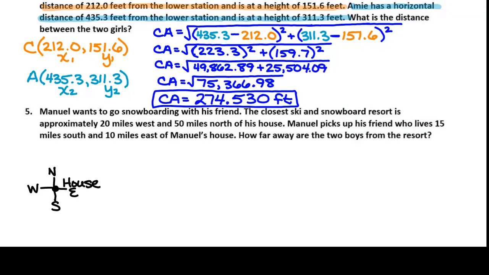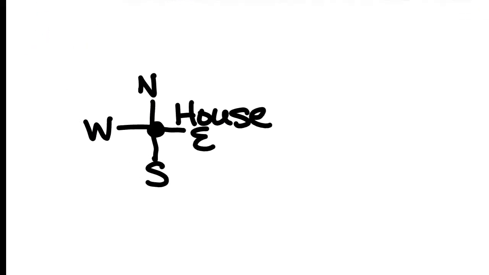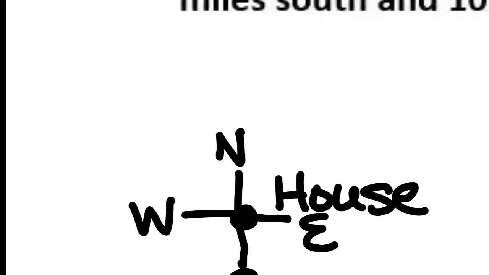Says the closest ski and snowboard resort is approximately 20 miles west and 50 miles north of his house. So if this is his house, 20 miles west would be this way, and then 50 miles north would be this way, right? So somewhere over here is where the ski resort is.